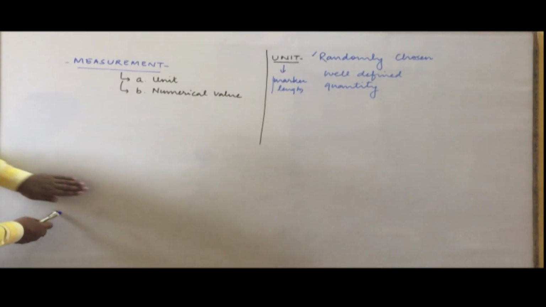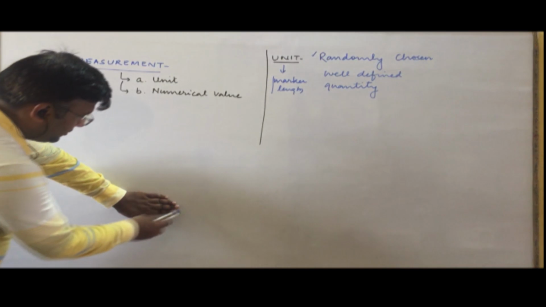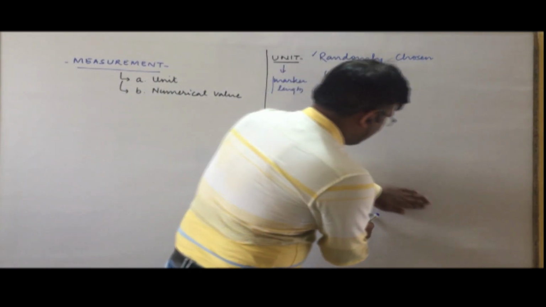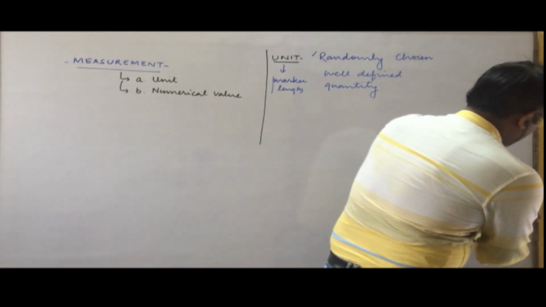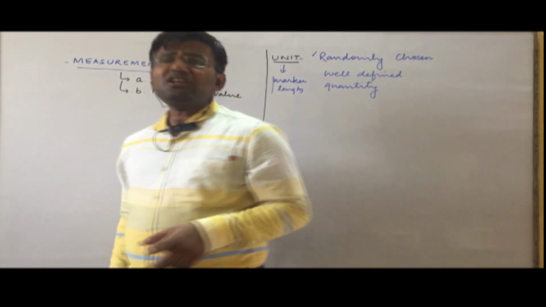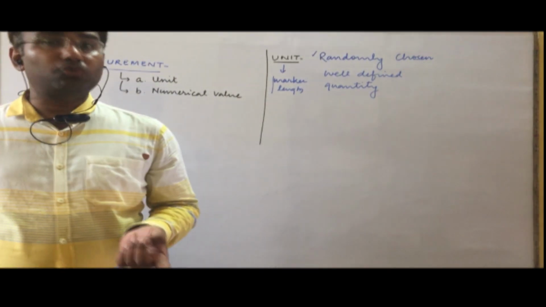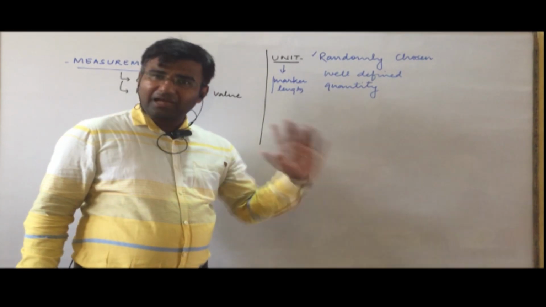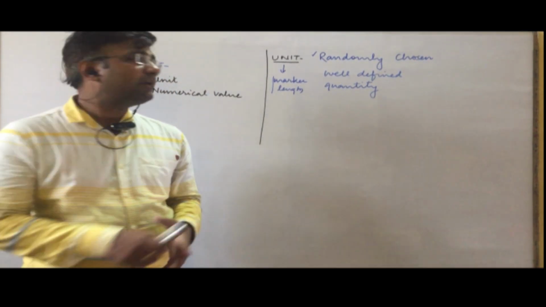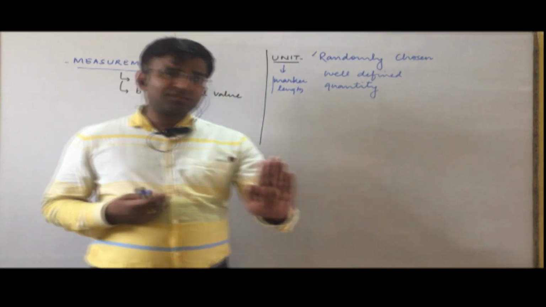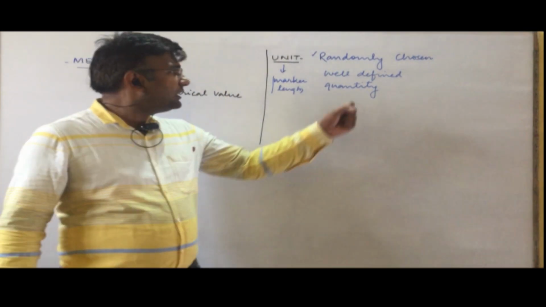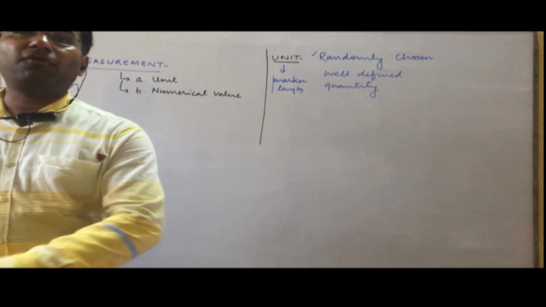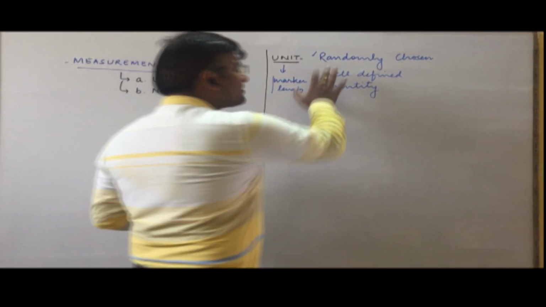So this will be 1, 2, 3, 4, 5, 6, 7, 8, 9. Now the question is, if I ask someone else to do it using their own palm, will it be 9 palm lengths? Not necessarily, right? So while a palm length is a randomly chosen unit, it is not well defined because it has different meaning for different people.